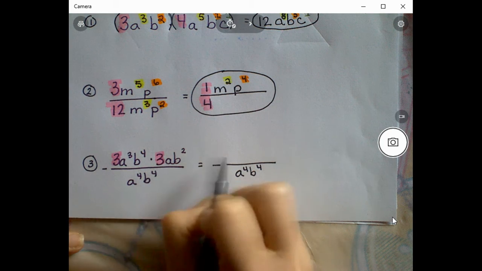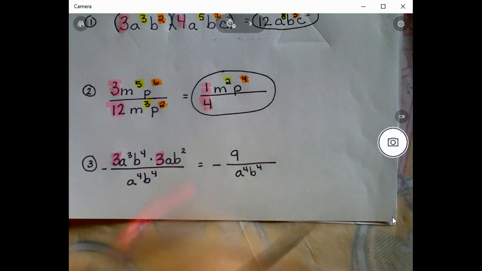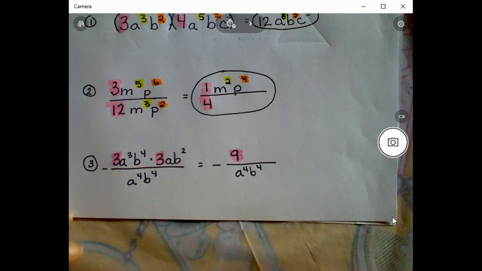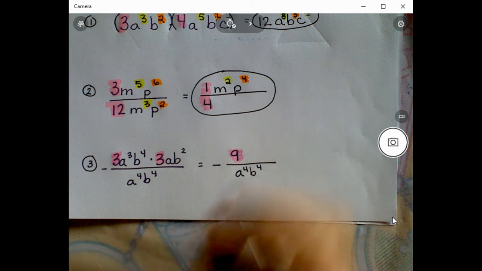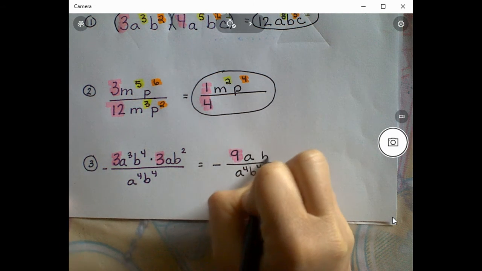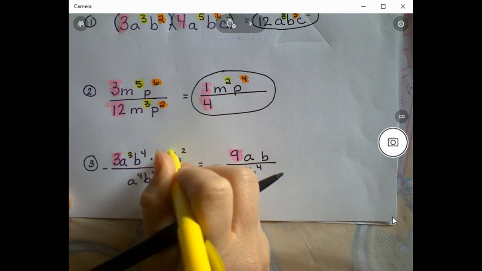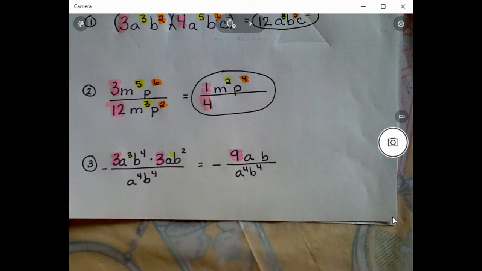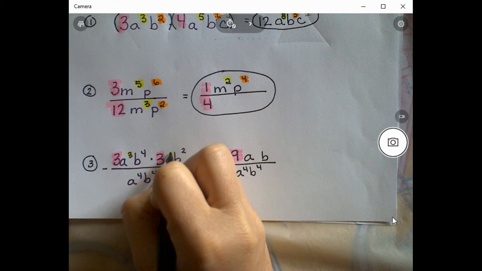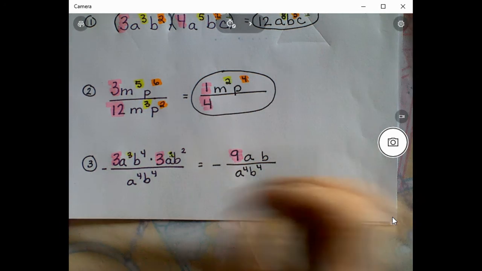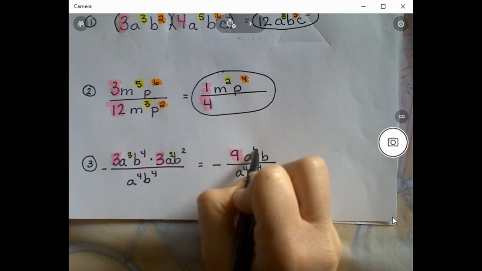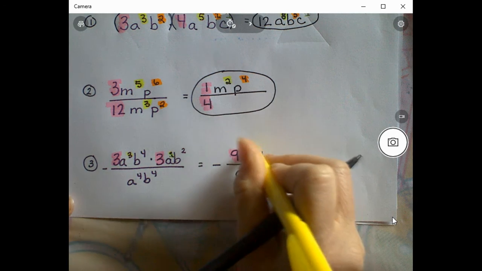3 times 3 is 9. And we're going to have some A's and some B's. Add the exponents. Again, there's nothing written here, so there's a 1 that's implied. 3 plus 1 is 4, so we have 4 A's.